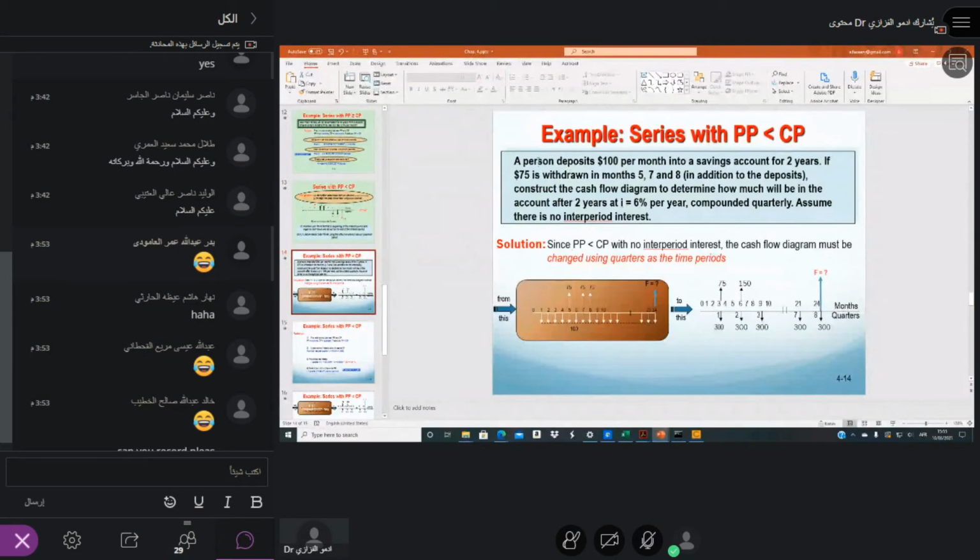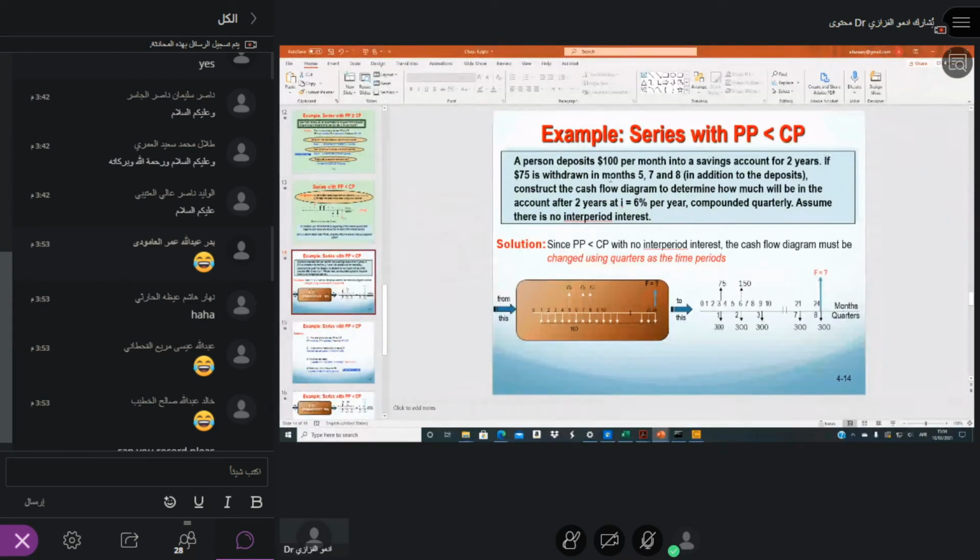So this guy, they say a person deposits $100 every month into a savings account for 2 years. So he's depositing $100 every month into his account for 2 years. So you have 1, 2, 3 months, monthly, up to 24 months, that is 2 years. And what he's depositing is a uniform amount of money, $100 every month.